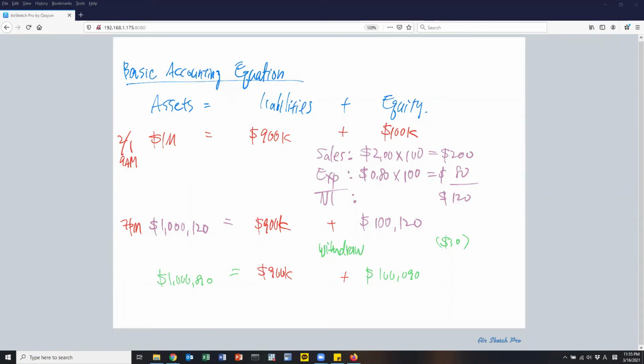Let's wrap up. What happened? Your assets equal liabilities plus equity, and our equity is affected by many factors. First of all, we begin the day with $100,000, which is my original owner's capital.